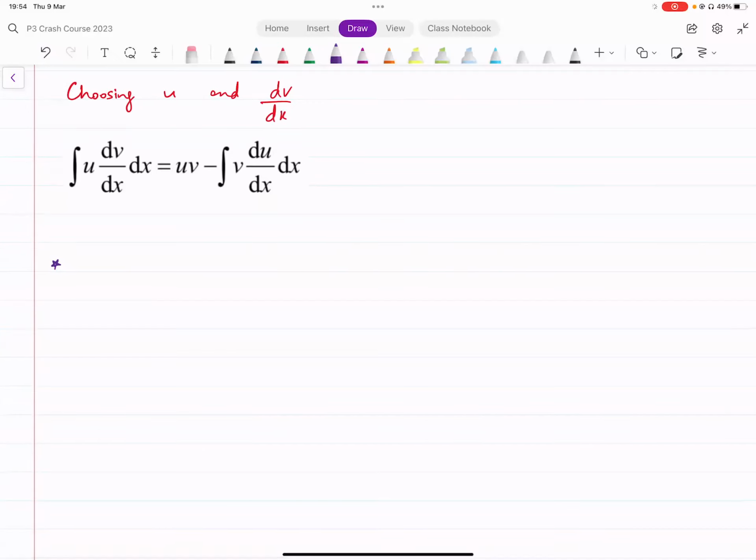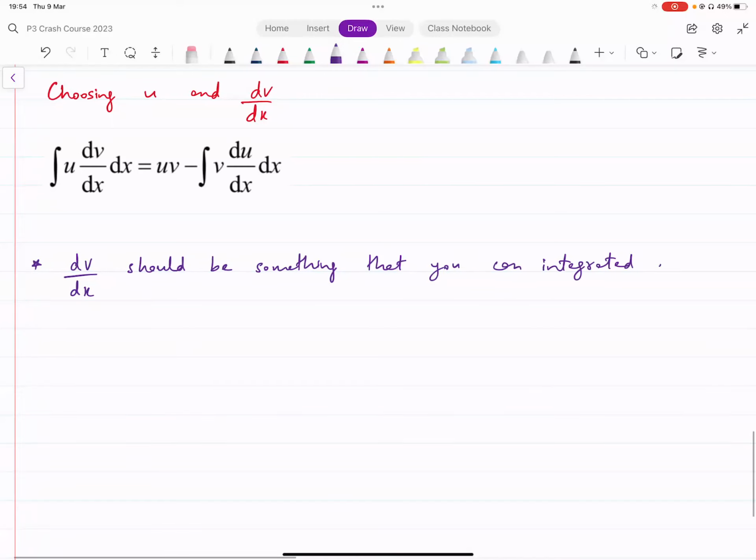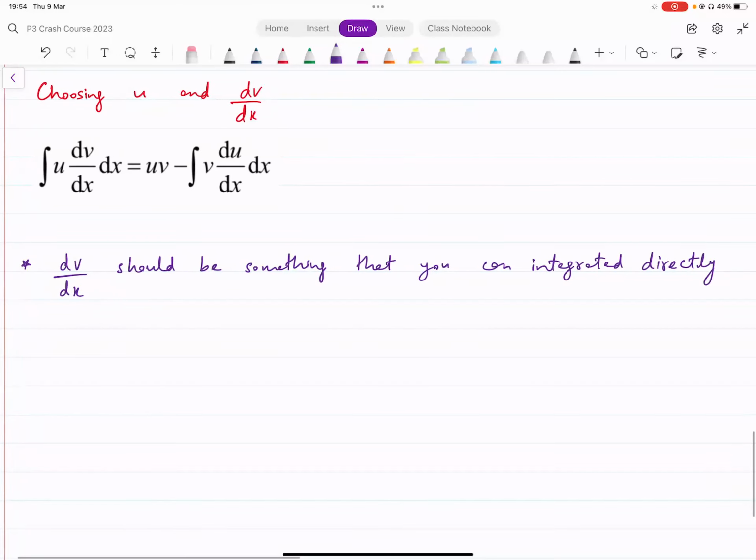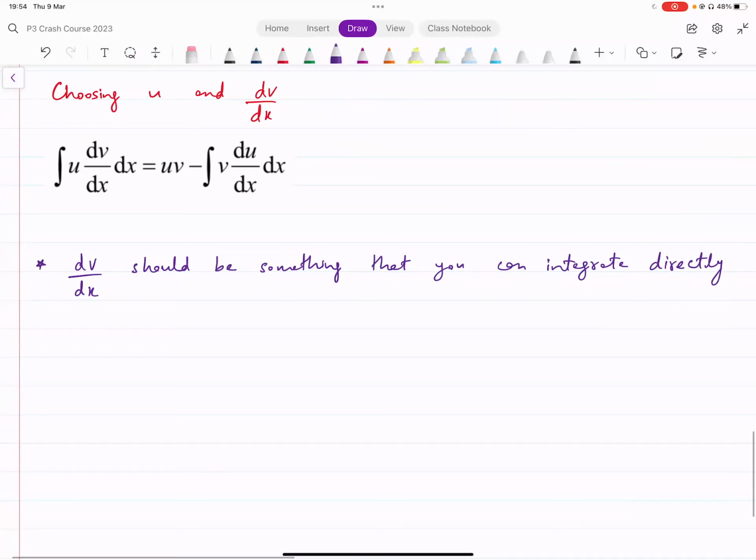The first thing that you should keep in mind is that dv over dx should be something that you can integrate directly. So if you end up getting an expression that cannot be integrated, you cannot take that as dv over dx, because then you would not be able to find v from that. dv over dx should be something that you can integrate directly. That's important. Okay, that's the first thing that you need to keep in mind.